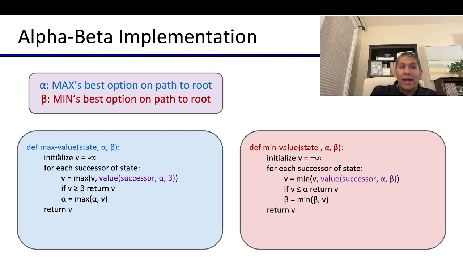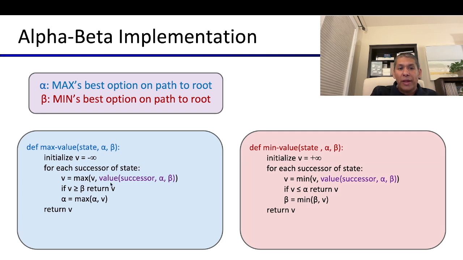And when you're trying to maximize the value for each successor state here, if the value turns out to be more than beta, you just return. That means you don't compute anything more, right? Otherwise, you compute. So this return statement represents our favorable scenario where we are able to skip the computation of other values.